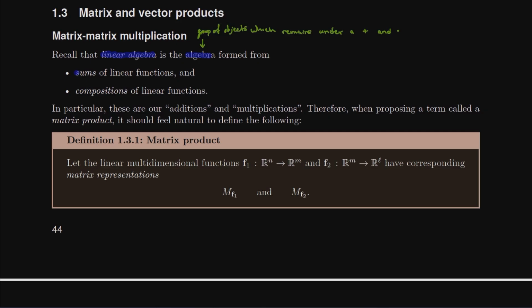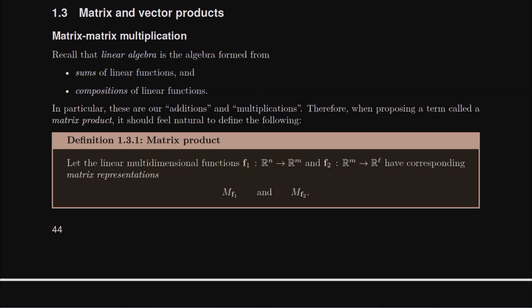It's formed from sums of linear functions and compositions of linear functions, where the sums are naturally still our addition, but compositions, which normally we notate with the circle, turn into our multiplication, which we notate with a dot, or sometimes just concatenation, meaning placing two objects next to each other.